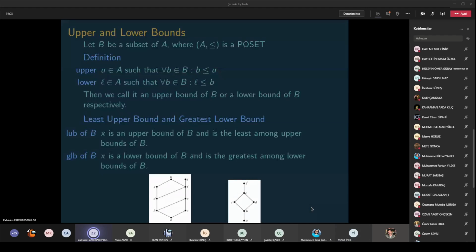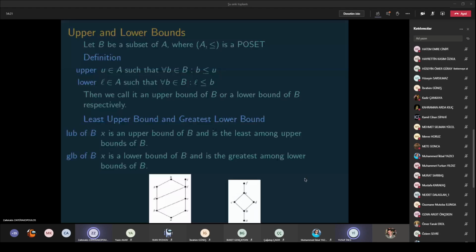And the least upper bound is E. Yeah, that is E.